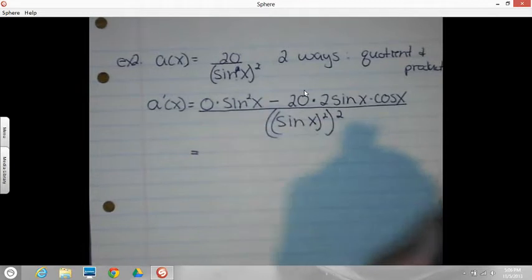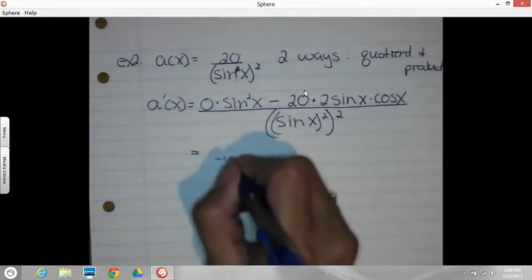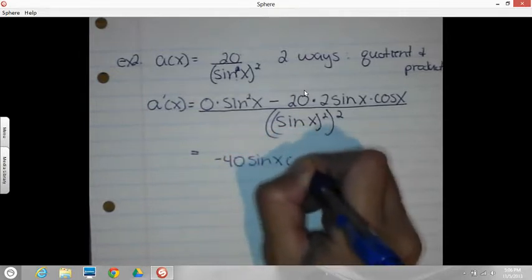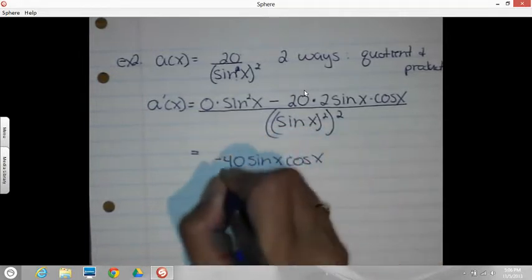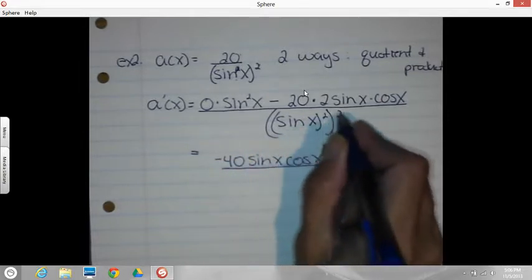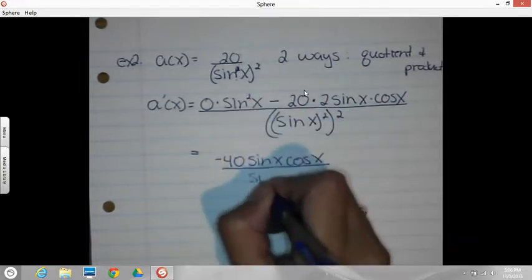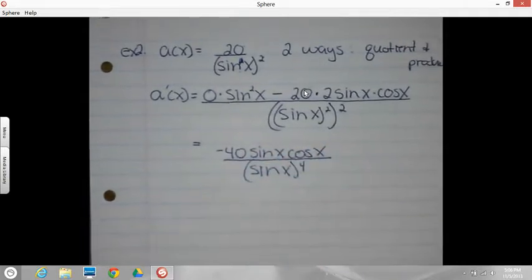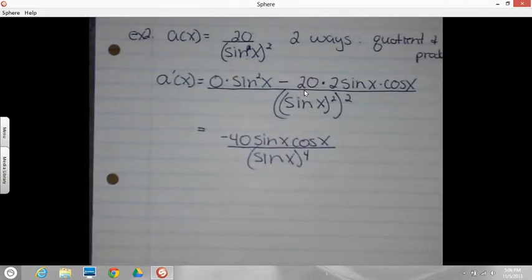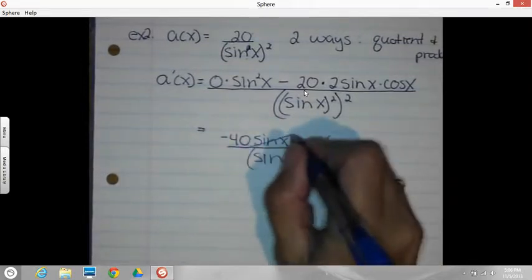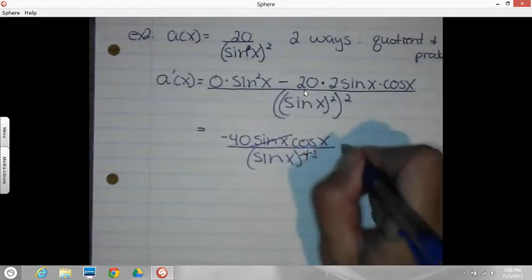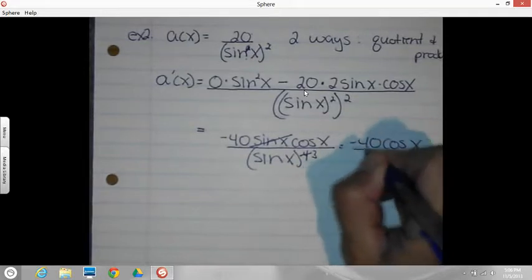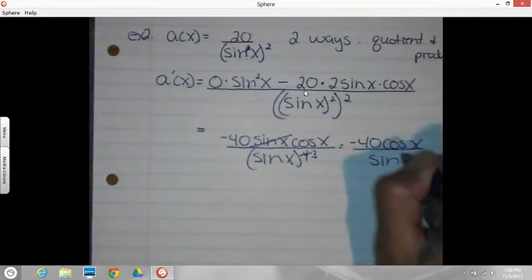So we're going to have negative 40 sine x cosine x all over sine x to the fourth, and then the simplifying that I can do is I can cancel off one of the sines. That sine takes away one of these. We got negative 40 cosine x over sine cubed x.